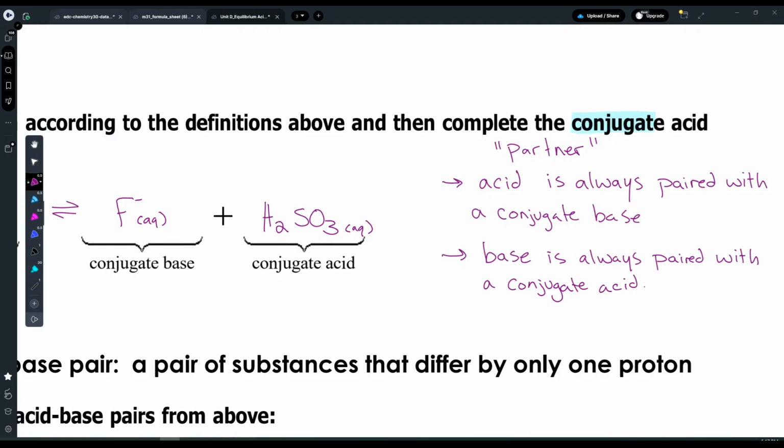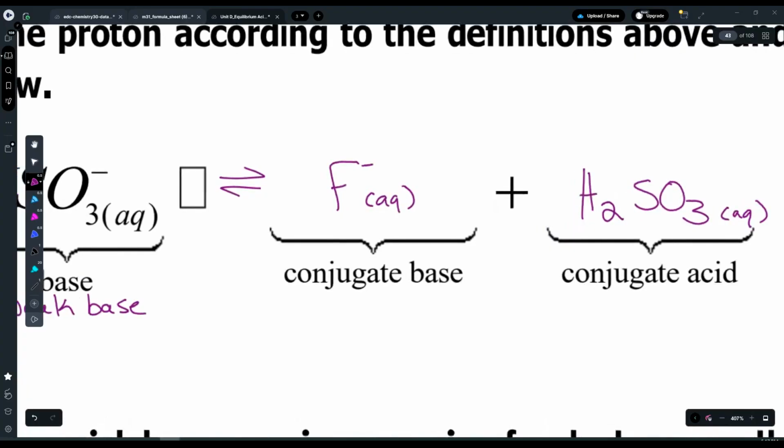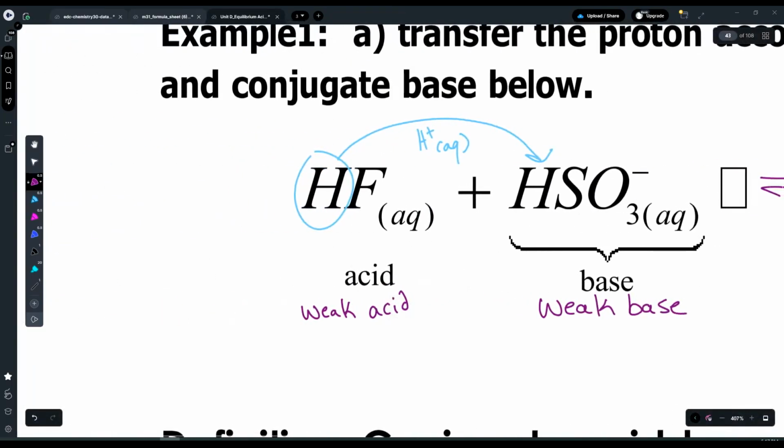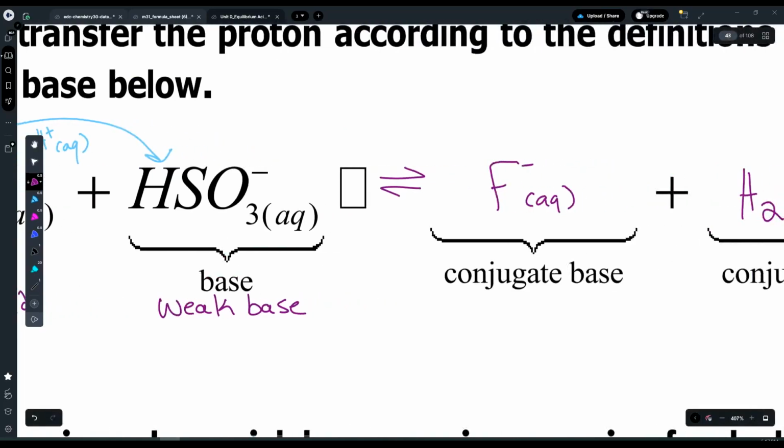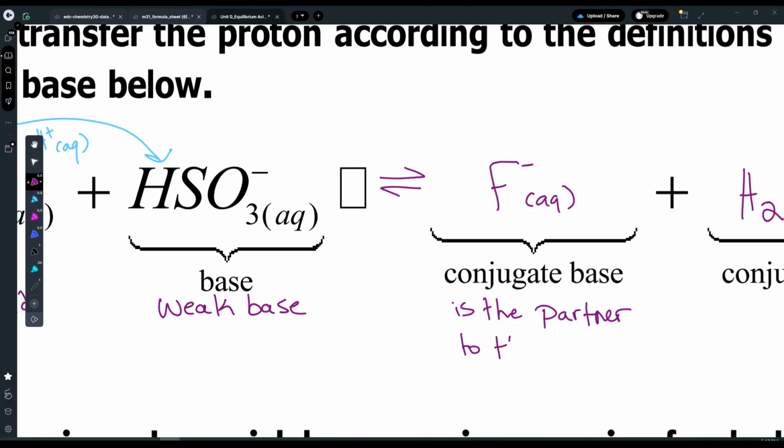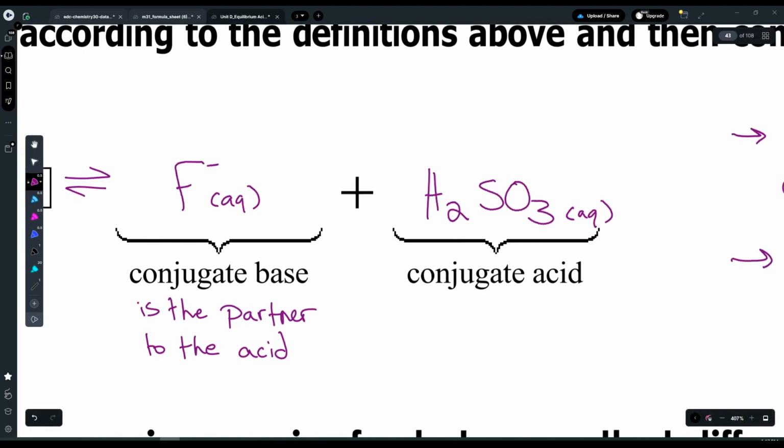Okay, so what that means is this conjugate base, this fluoride ion, is the partner to our acid over here, the hydrofluoric acid. And the conjugate acid is the partner to the base.